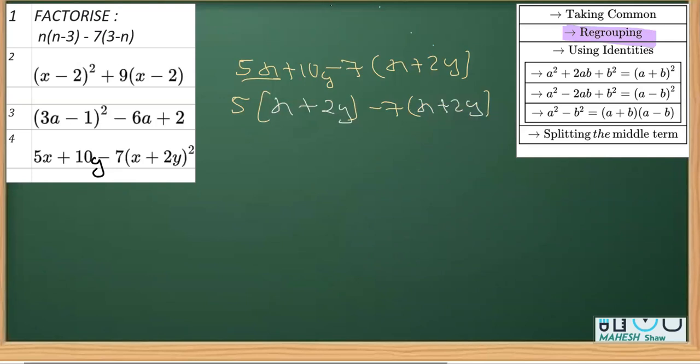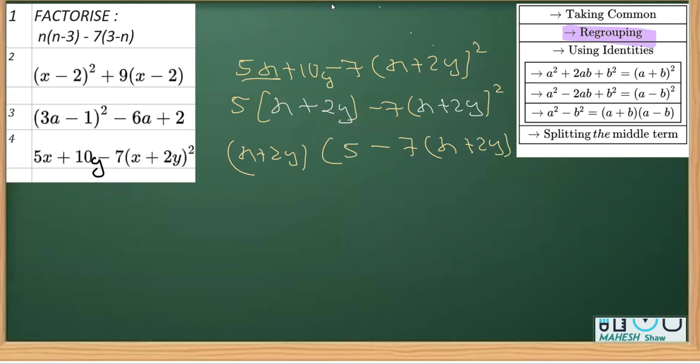I think there was a square that I missed here. So if I take this term as common, that is x + 2y, dividing this whole thing by x + 2y we'll get 5, and dividing the other term by x + 2y we'll get −7 times x + 2y.